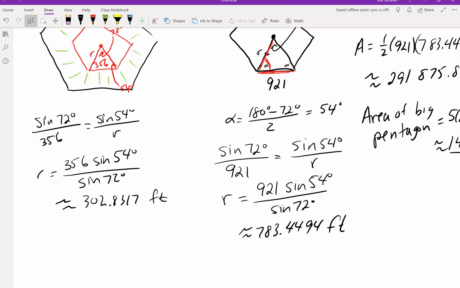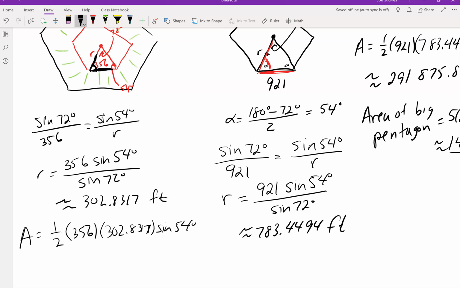So now I have two sides and an included angle. So the area of one of the triangles is going to be 1/2 times that 356 times that 302 number times the sine of 54 degrees. And again, we're using this side, and this angle. You can pick any two sides and included angle you want.